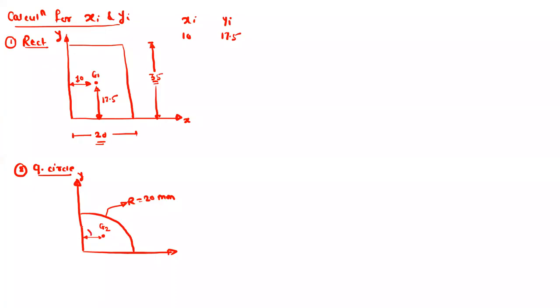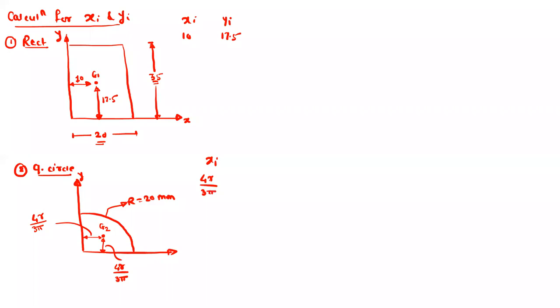This distance is equal to 4r upon 3 pi. And this distance with respect to the x axis is also the same, 4r upon 3 pi. So we can write xi is equal to 4r upon 3 pi.